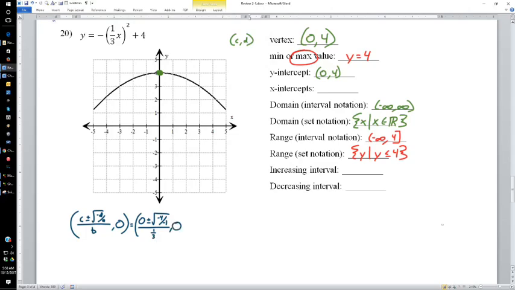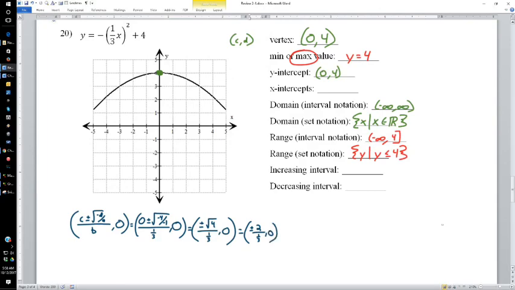So let's start cleaning that up. You don't have to write that 0 up front. So it's just plus or minus the square root of negative 4 divided by negative 1, which is positive 4, divided by 1/3, comma 0. The square root of 4 is 2, since 2 times 2 is 4. So that's plus or minus 2 divided by 1/3.